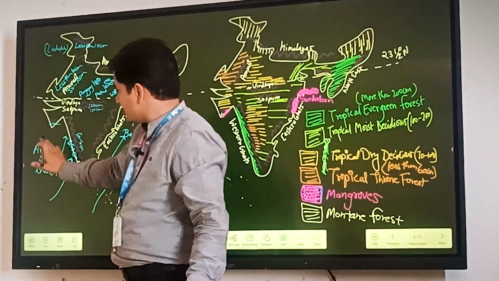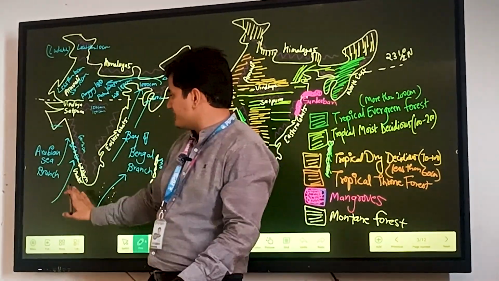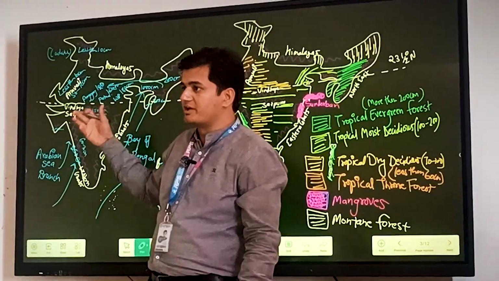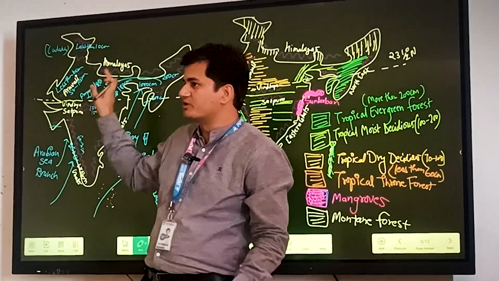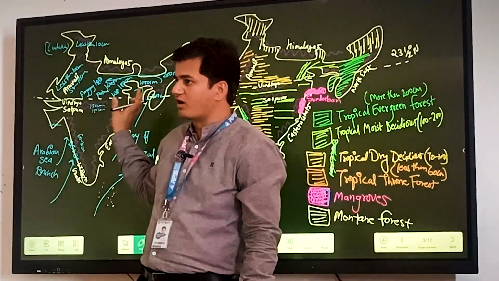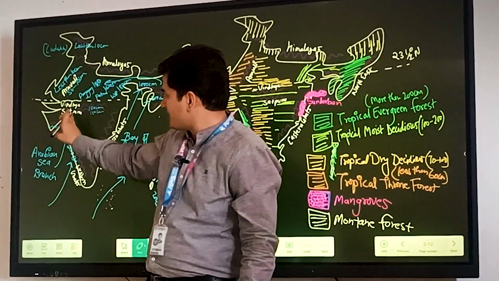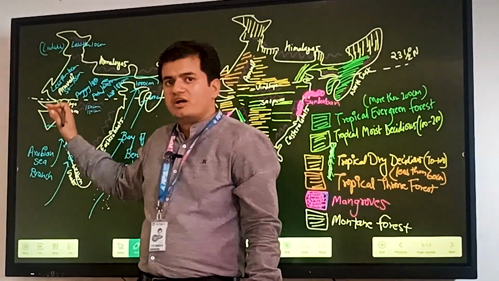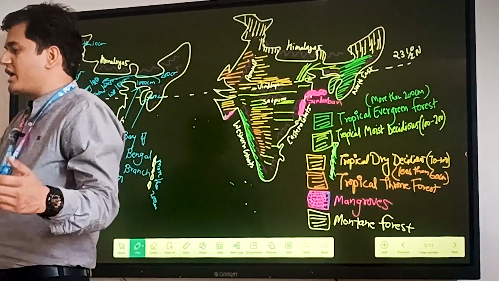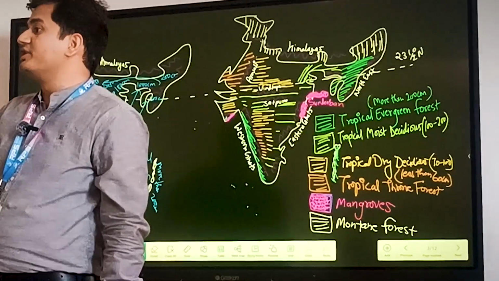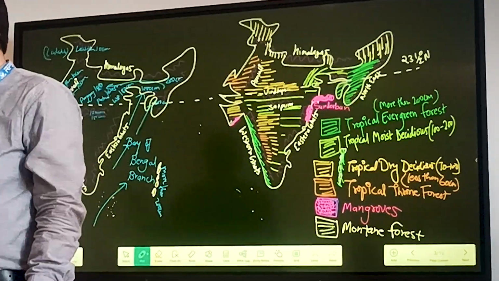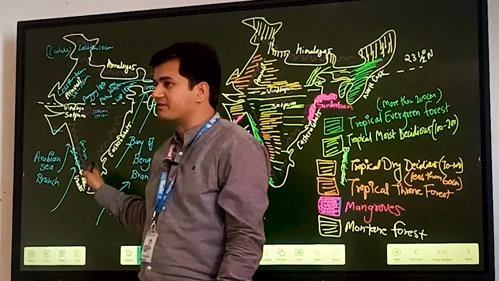So we have discussed in earlier classes how the Arabian Sea branch and the Bay of Bengal branch bring lots of moisture to the Indian subcontinent and bring rainfall. Here we can see the Western Ghat mountains. The Arabian Sea branch collides with the Western Ghat mountains and brings more than 200 centimeter of rainfall on the western slope of the Western Ghat mountains.